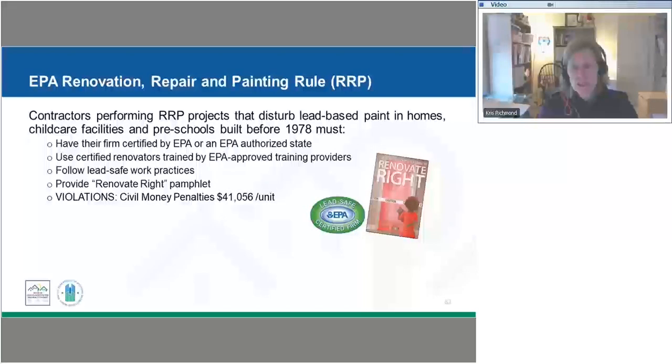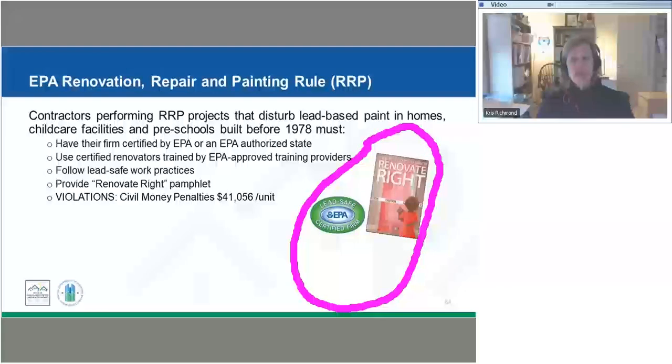They are going to be handing out the Renovate Right pamphlet to the owner. If this was an occupied unit, then the tenant would also be receiving that Renovate Right pamphlet. After the work is done, the unit needs to pass clearance.